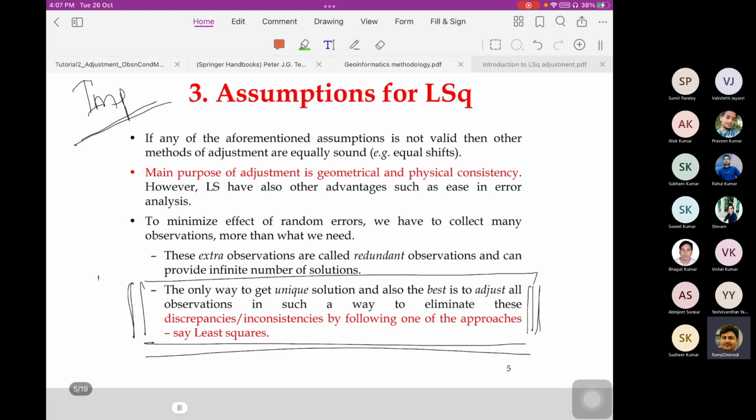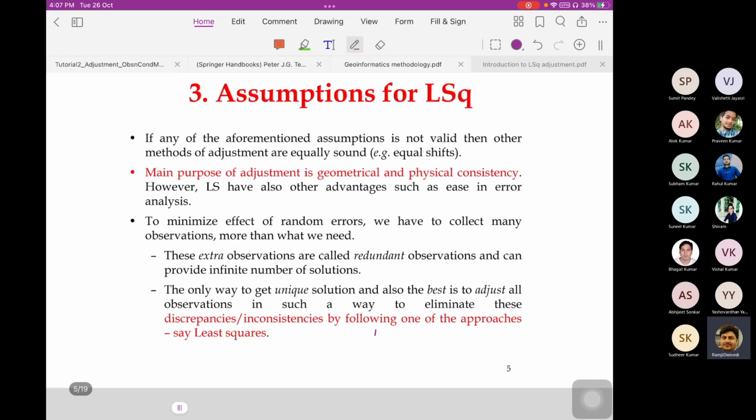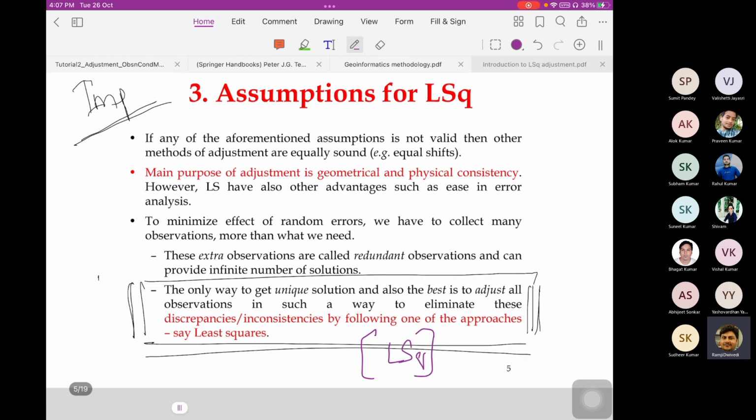This is one of the major advantages that is written here in this case. The box which we have written says that the only way to get a unique and also the best solution is to adjust all observations in such a way as to eliminate discrepancy and inconsistency, while following one of the approaches, say least square. That means you can think of LSQ as a system: all possible observations at the same time go into that system and finally give you the X, irrespective of the model.